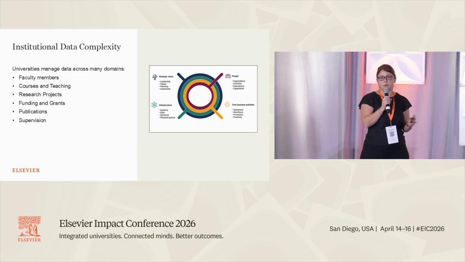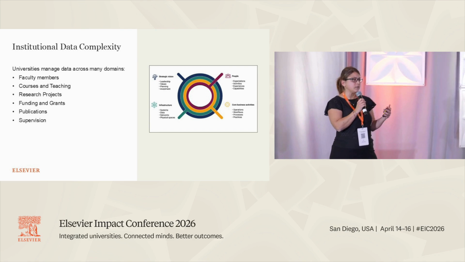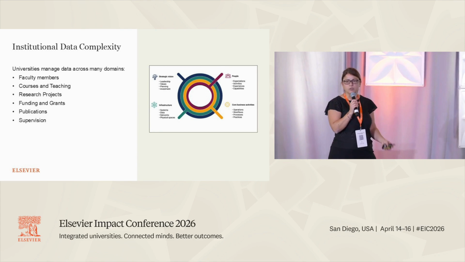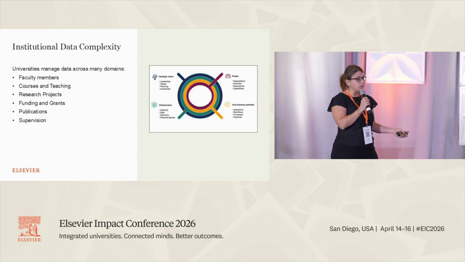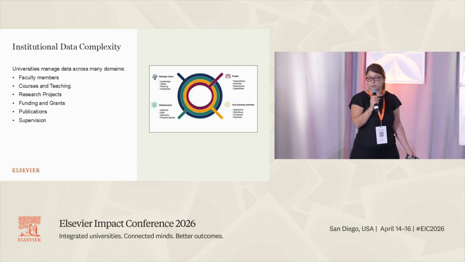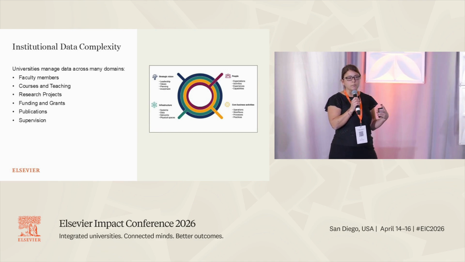These can be related to persons, so activities such as teaching, courses, supervision, research projects, funding and grants, or publications, so scholarly output. But they can also be activities related more to the core business of the institution, such as operations, processes, and workflows.